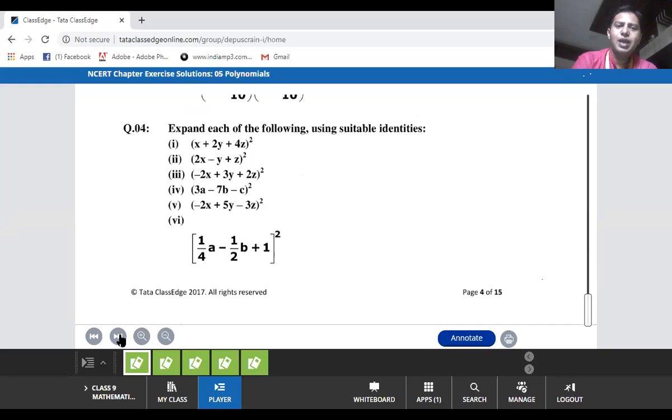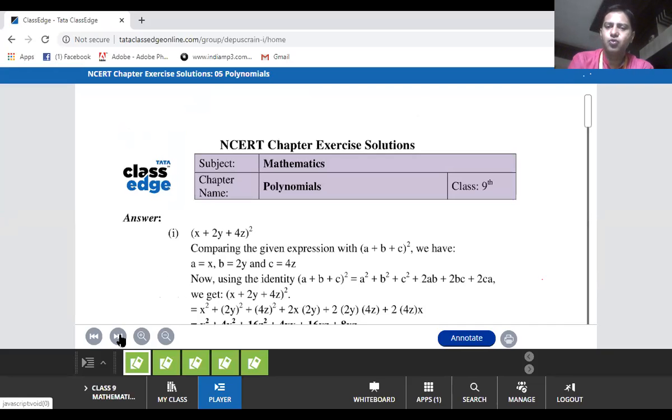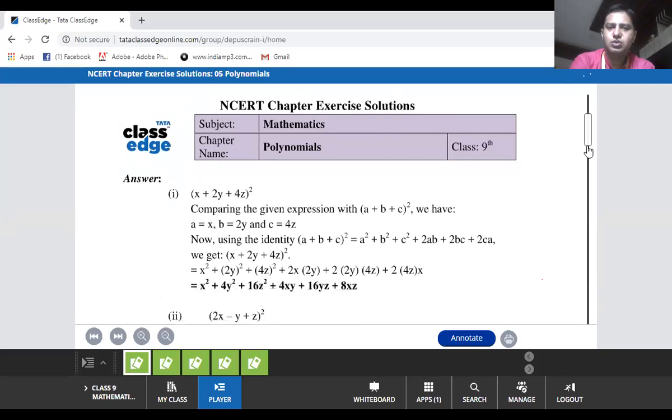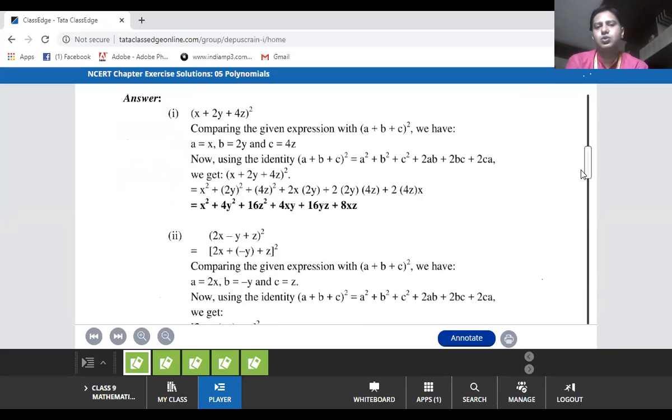If we apply the identity on the first one, that is x plus 2y plus 4z whole square, we'll apply the identity of a plus b plus c whole square. We can compare: a is equal to x, b is equal to 2y, and c is equal to 4z.